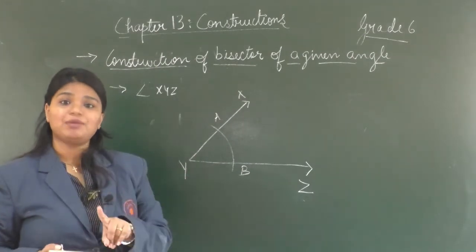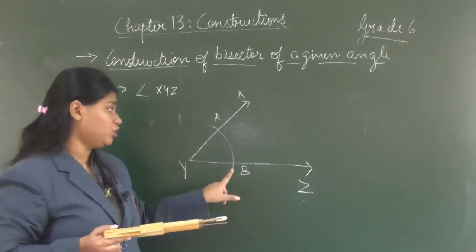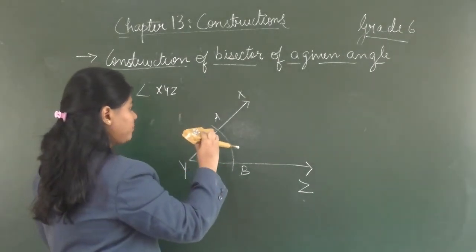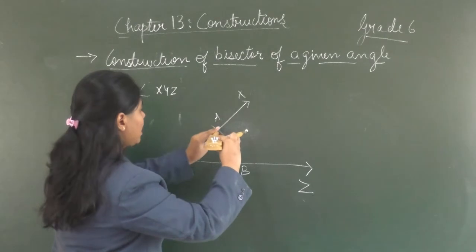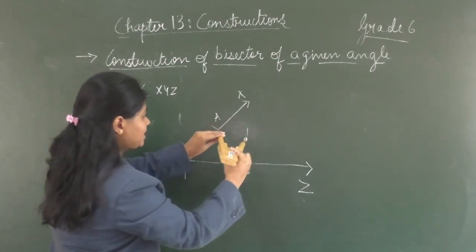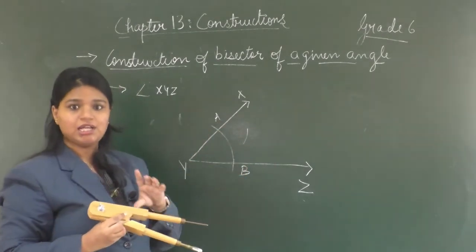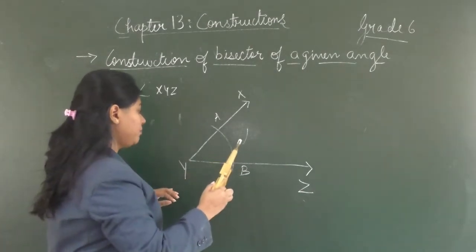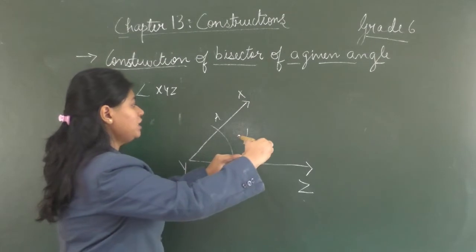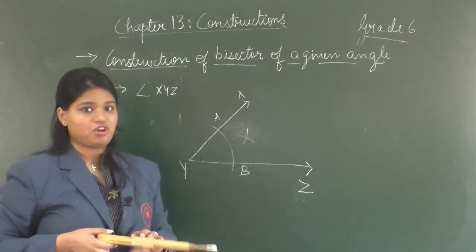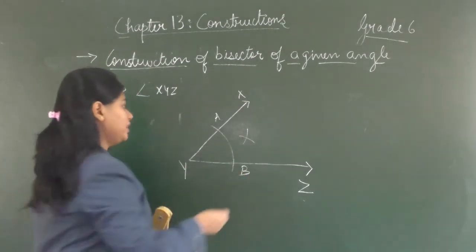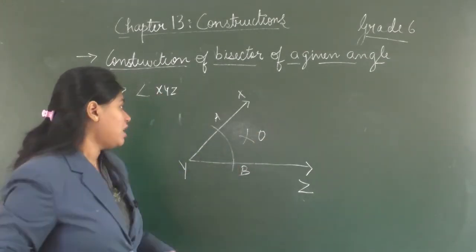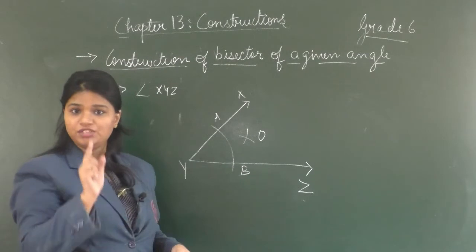And I will follow the same procedure while placing the needle on point B. So this is the first arc. Now with the same radius I will place the needle on point B and cut the previously drawn arc. Let's name this point as O. So here I have got the intersection point of these two arcs.